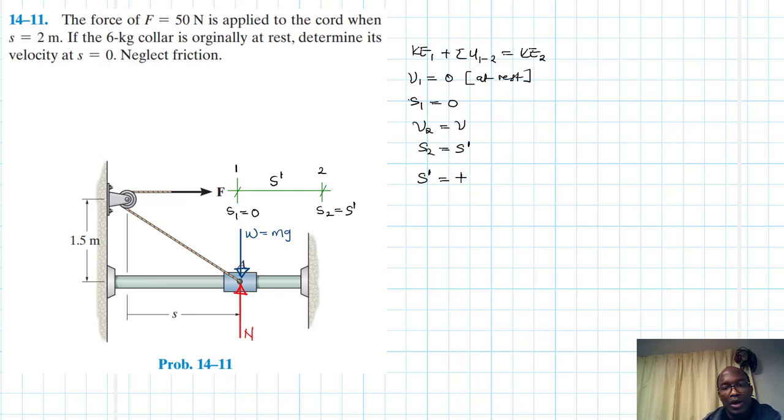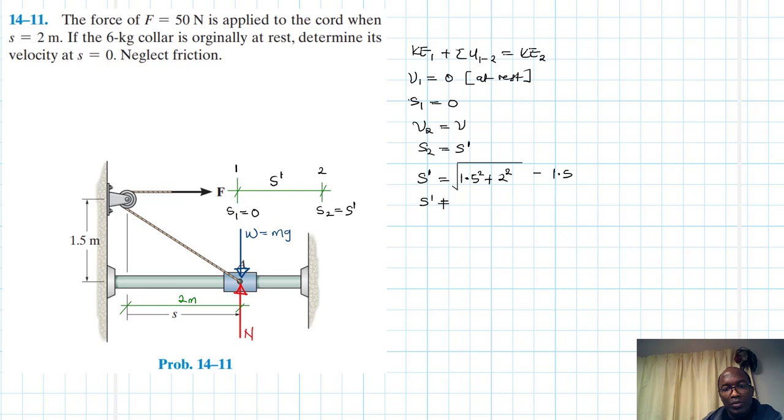So here we have 1.5 squared plus 2 squared, this is 2 meters, and then minus 1.5.